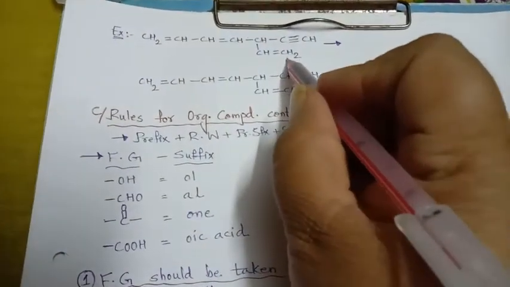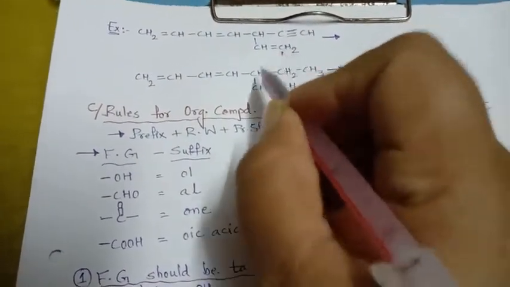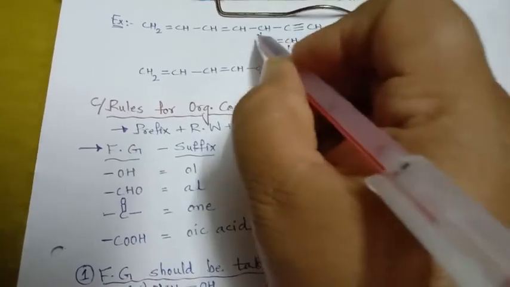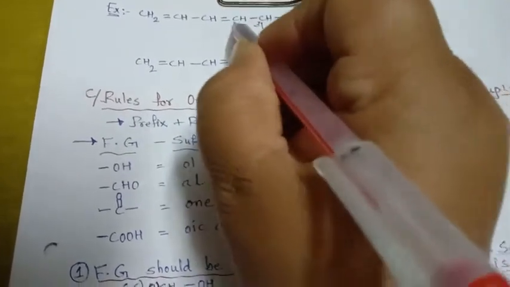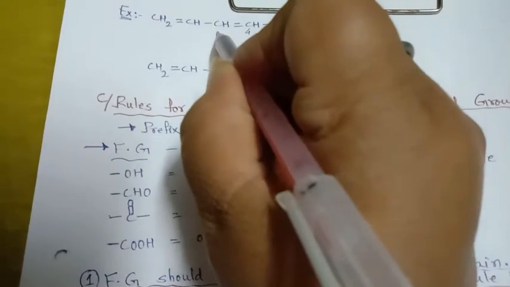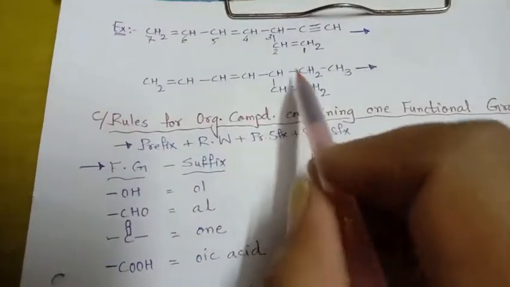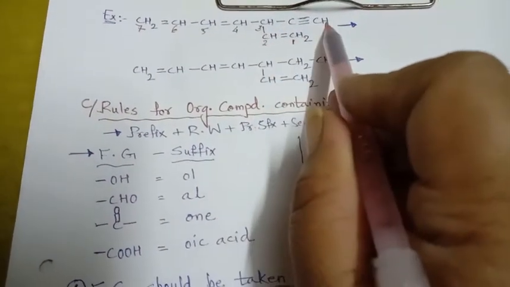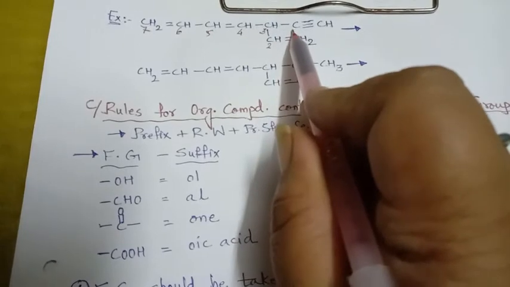What we will see here, this is our number 1, 2, then this will be our 3, 4, 5, 6 and 7. So now see, on the third carbon we have an attachment, and the attachment has 2 carbons.